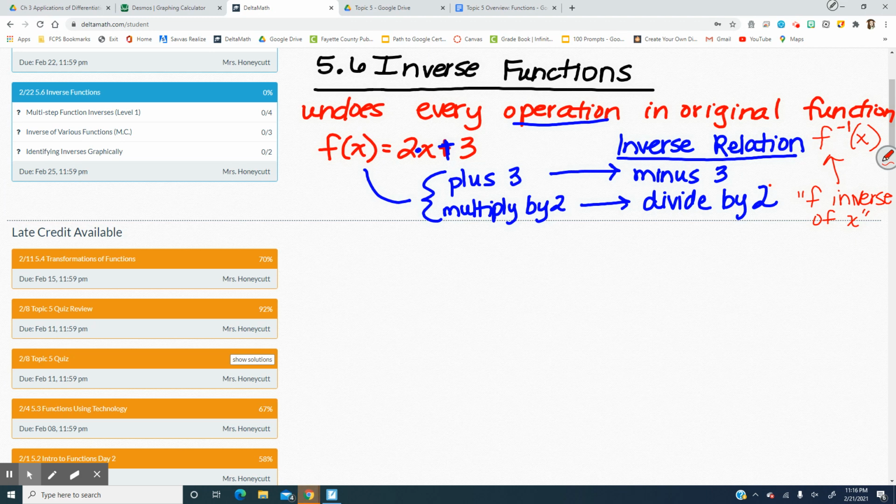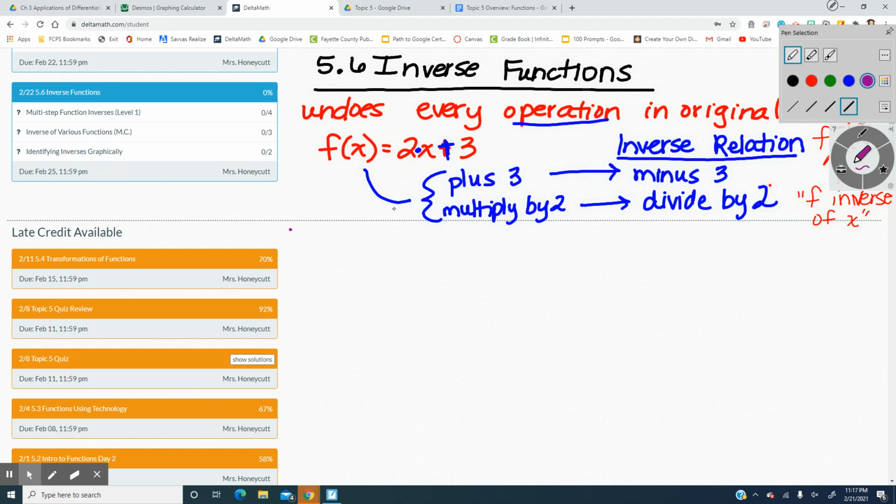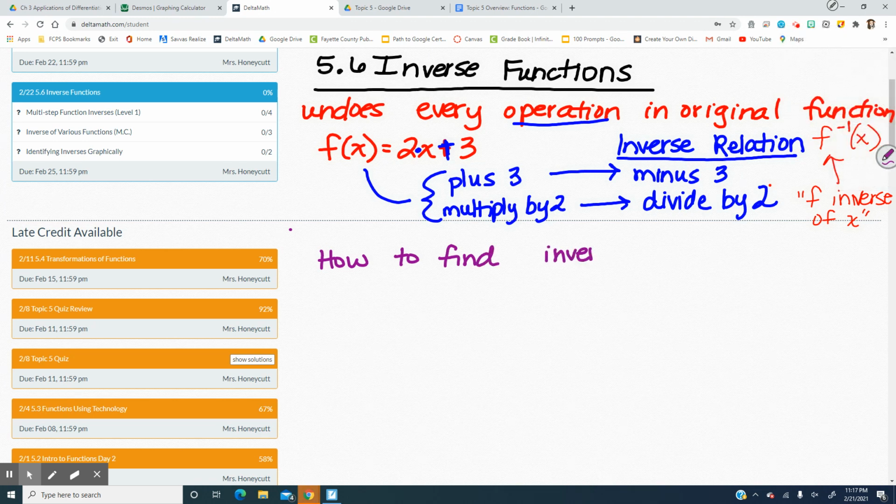Now, how do we find the formula for the inverse? You'll follow a set of steps. So how to find the inverse. First thing, if you have an f of x notation, you're going to replace the f of x in the original function with a y.